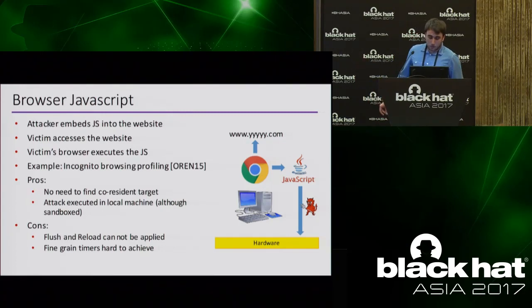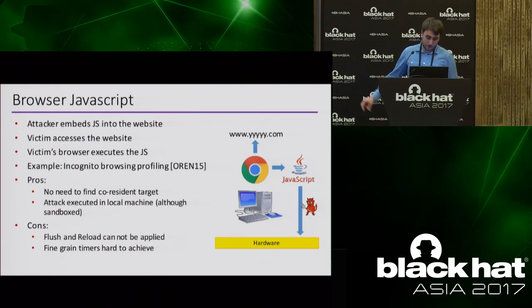Some pros that we see in this scenario over the previous one. First of all, we don't need to find a corresponding target anymore, since the target will access our website. Also, the attack is executed on a local machine, where the workloads are much less heavy than in the cloud.